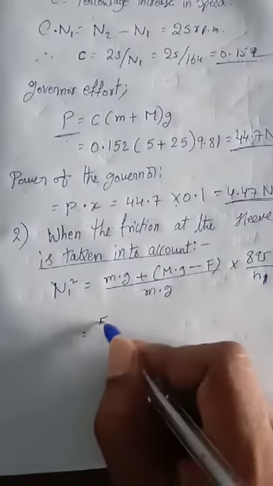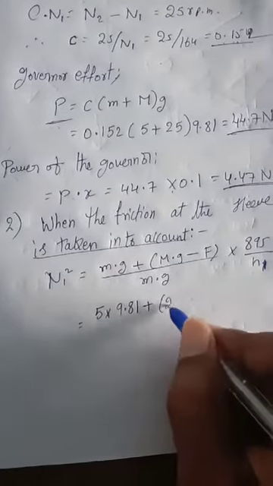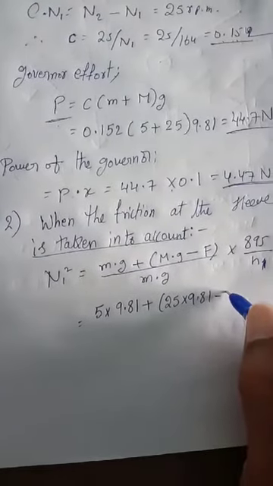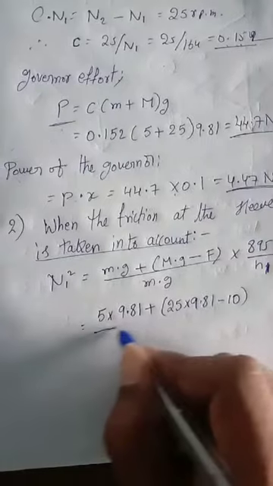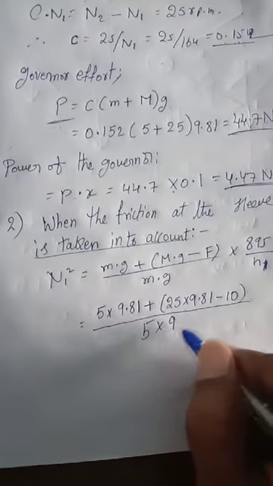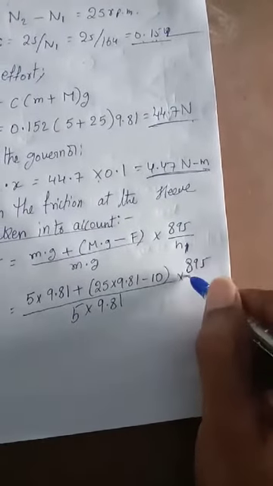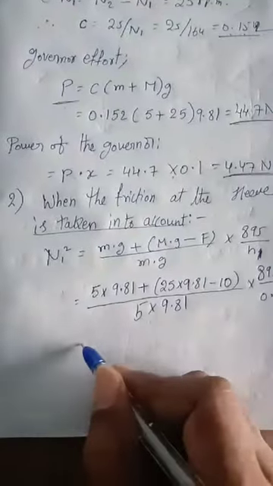Now 5 into 9.81 plus 25 into 9.81 minus F, F is equal to 10 is given, divided by m into g, that is 5 into 9.81, and 895 divided by h1, already found as 0.2.